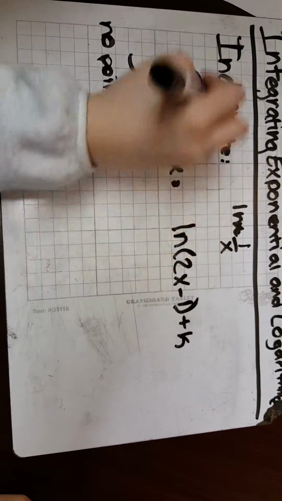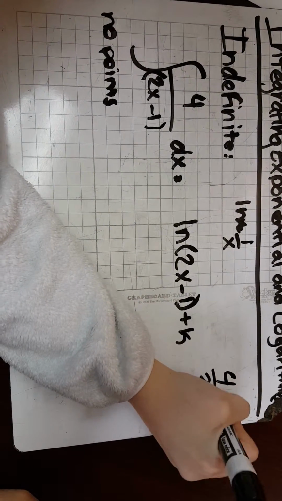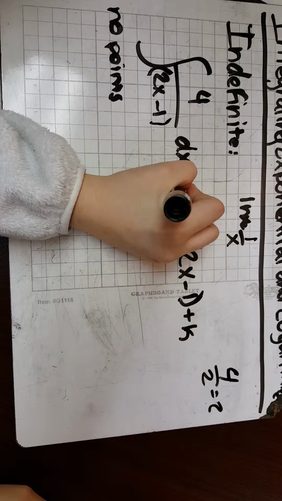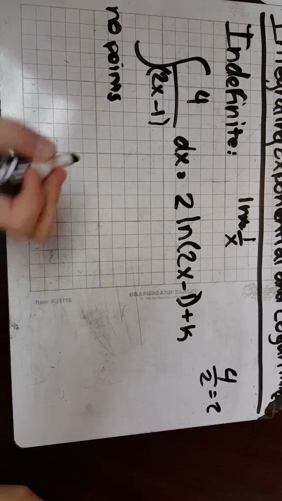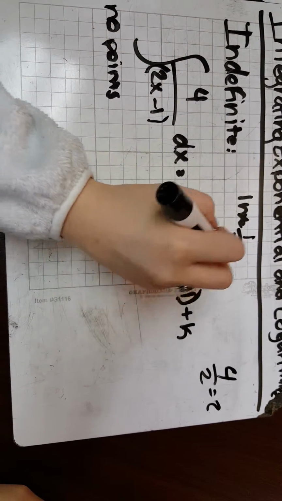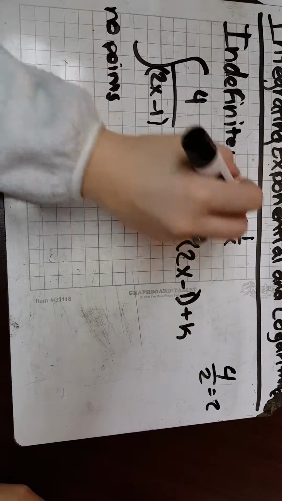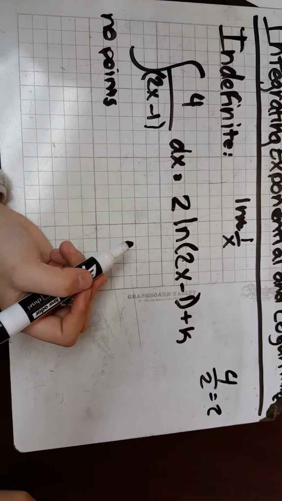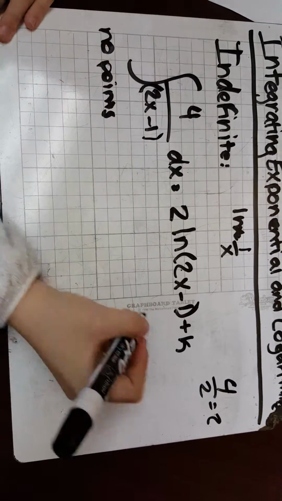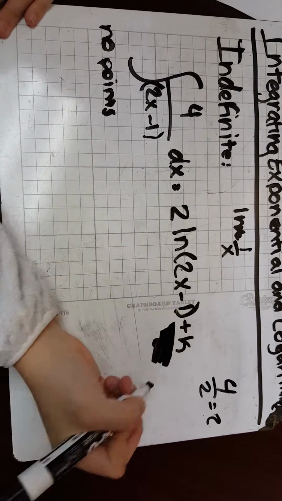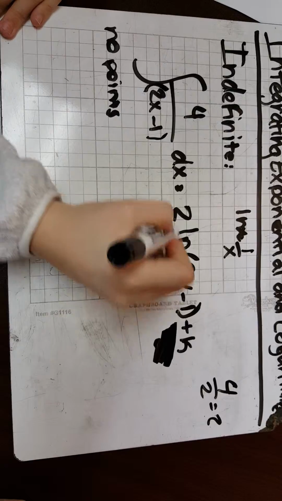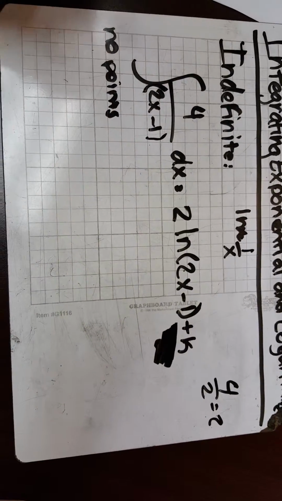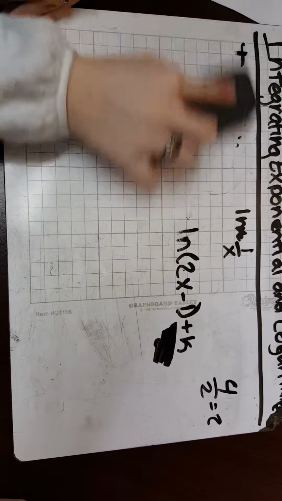So 4 divided by 2 equals 2. And that goes into the front. So this goes back into the x. And whatever 1 is, you put it back. And you must always put this after this if it's indefinite. Now let's do a definite one.